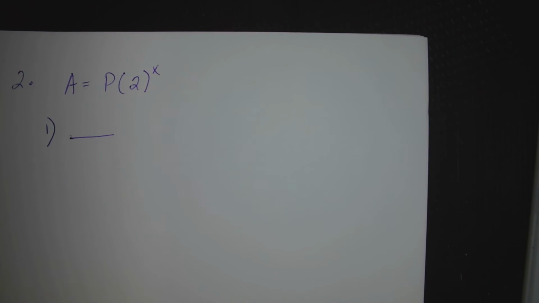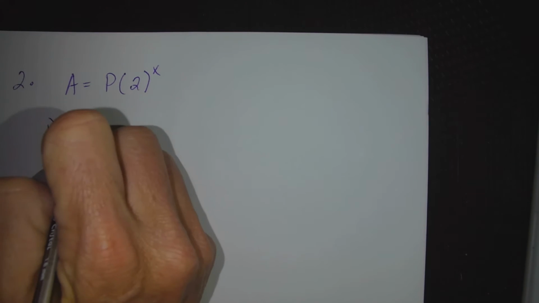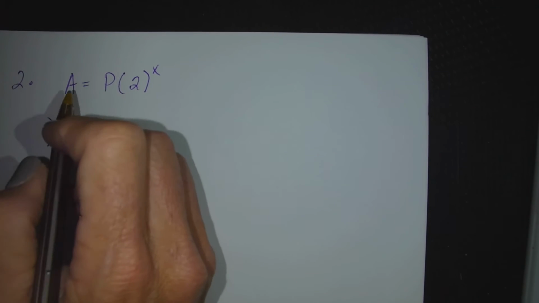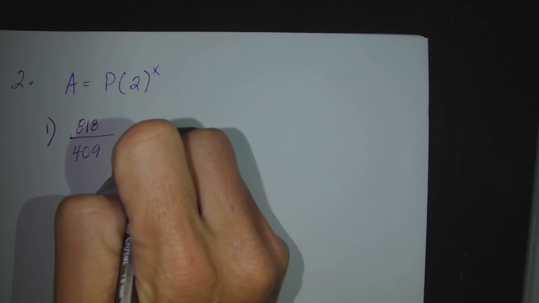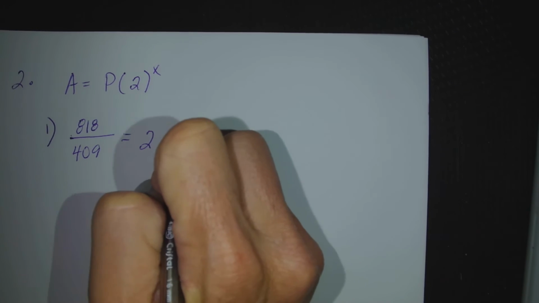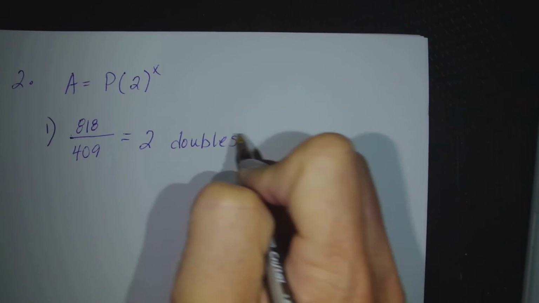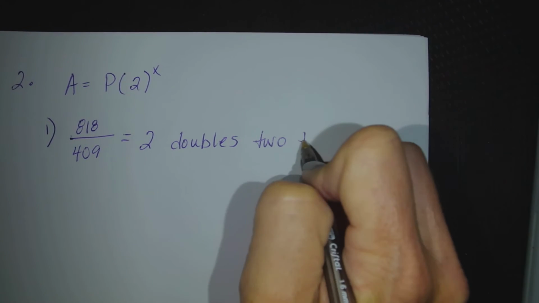We need to know how much it doubles. So we've got to say 818 divided by 409. And anybody got that? 2. So it doubles 2 times.